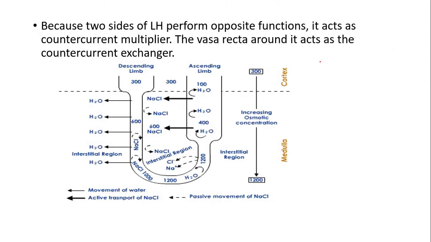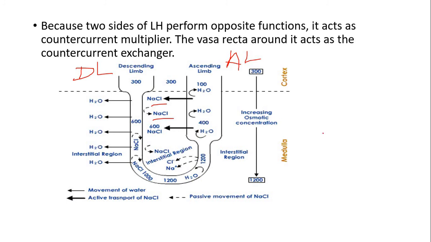If this is the descending limb and this is the ascending limb, both limbs perform opposite functions. The descending limb leaves water while the ascending limb leaves the solute, like here this is NaCl.